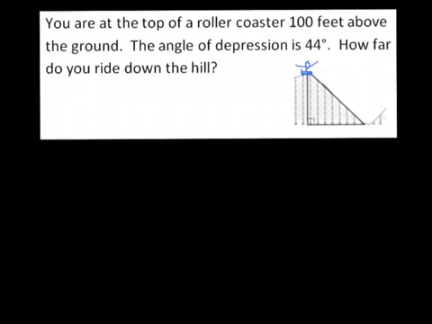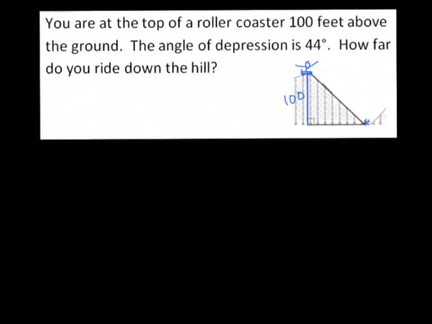Wah! So you're at the top of the roller coaster 100 feet above the ground, which means that this is 100 feet. The angle of depression is 44 degrees, and that means as you're looking down at the bottom of the hill, your angle of depression is 44 degrees.